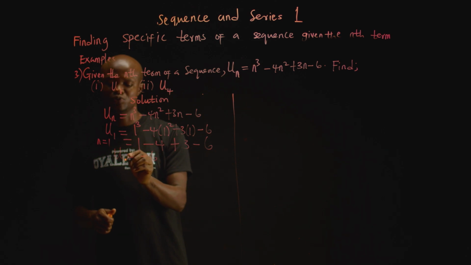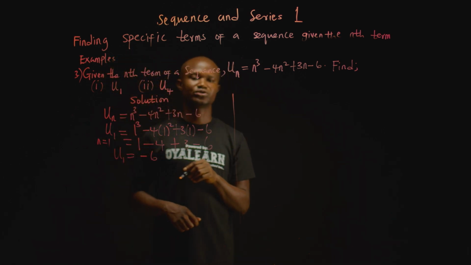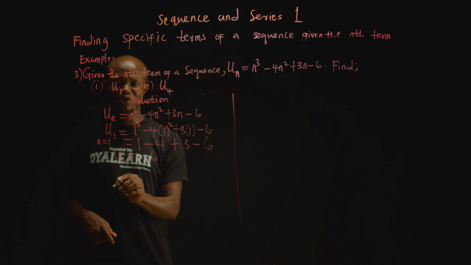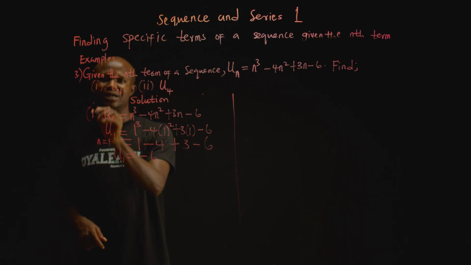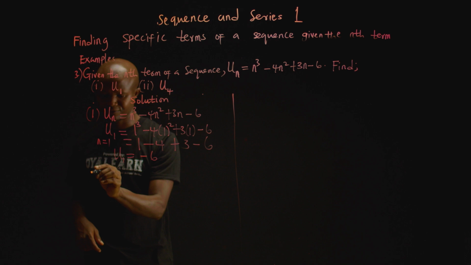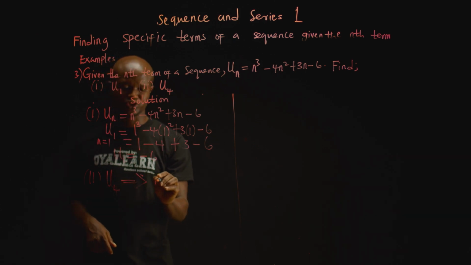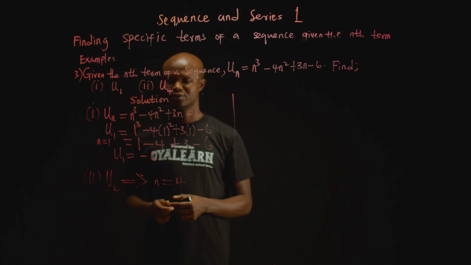That's for the u1. Now, we also have to find the value of u4. This is (i), and we have (ii). So u4, meaning n equals 4.